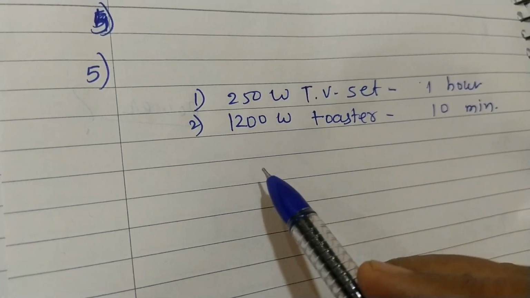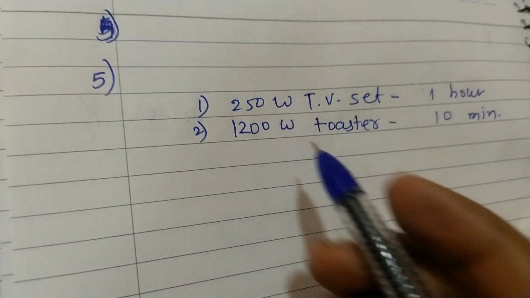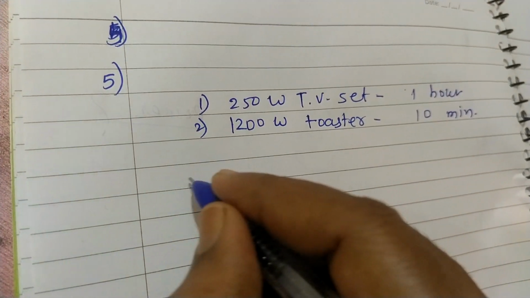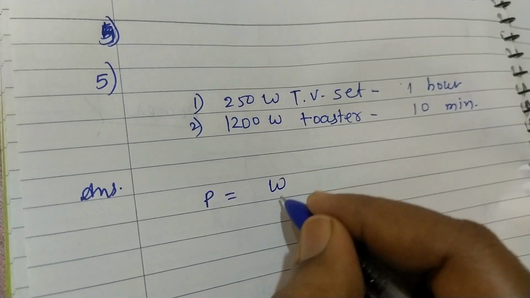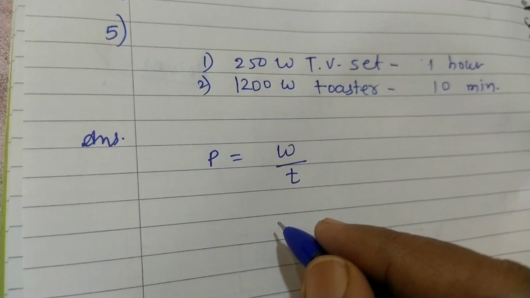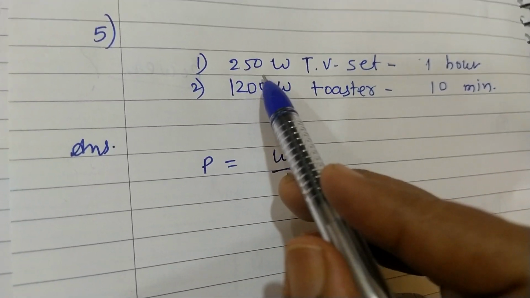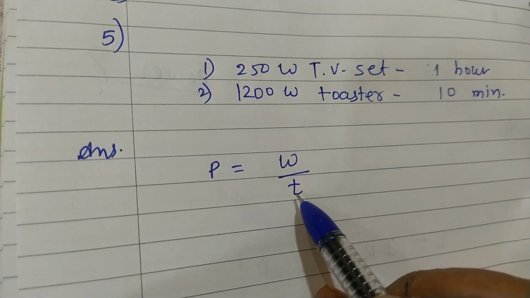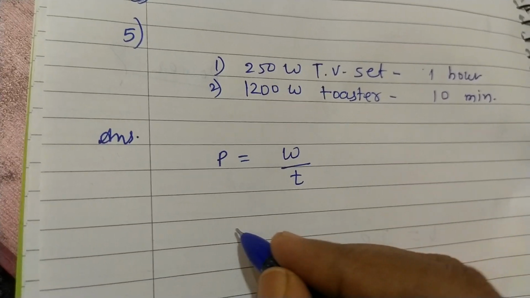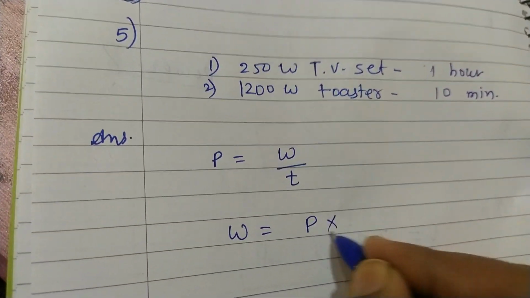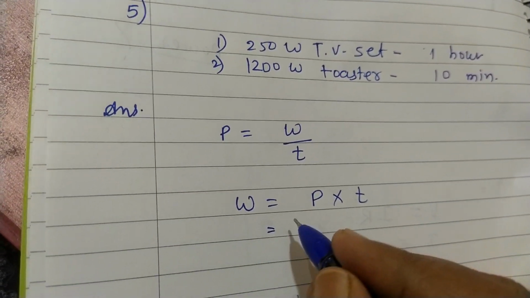So first we have to calculate the energy. We know the formula: power is equal to work done upon time. Because here power is given and time is given, so we will use this formula. We have to decide, children, what formula we need to use. So work done is equal to power multiplied by time.